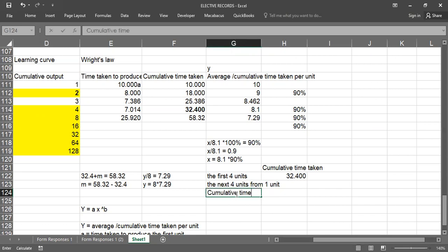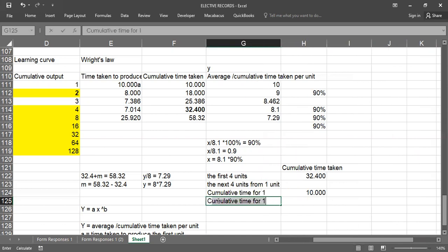Cumulative time for 1, which was in this case given as 10,000. And then cumulative time for the first 4 should remain the same as this 34.